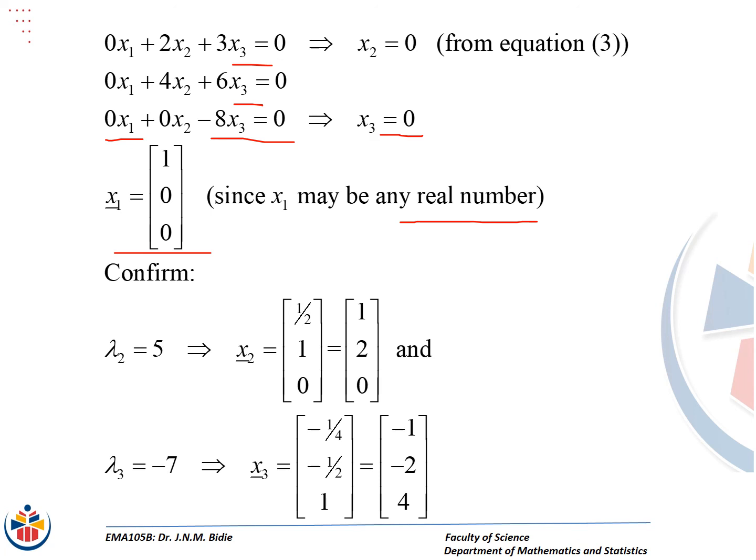Also, you needed to keep in mind the eigenvector cannot be equal to 0, 0, 0. So we let x1 be equal to 1. Hence, our first eigenvector is 1, 0, 0. Now, please confirm for lambda 2 and for lambda 3 whether you're going to get these eigenvectors.